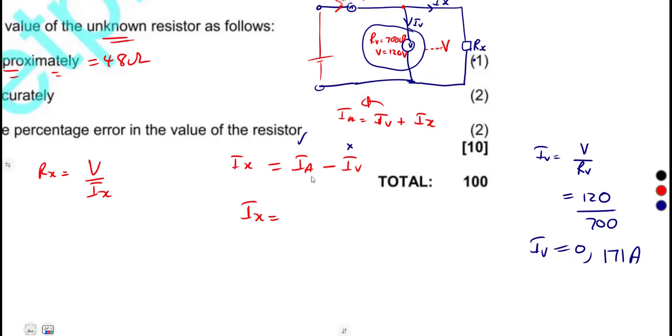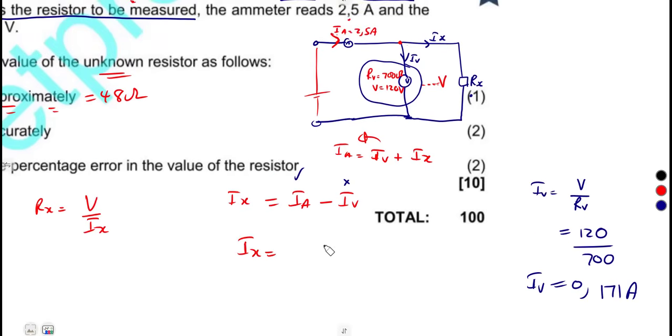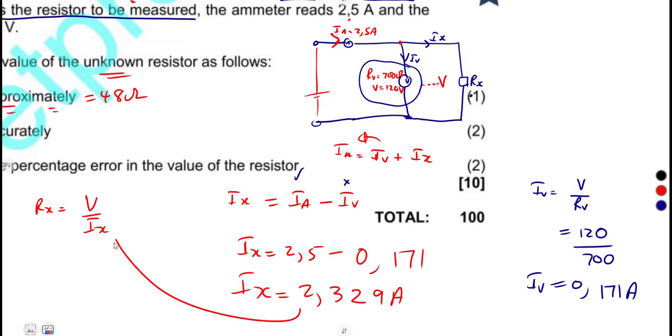So the current across the unknown resistor is going to be IA of the ammeter, 2.5, minus the 0.171 that we calculated. So IX, the unknown current across that resistor, is 2.329 amperes. Then we find the resistance of the unknown resistor accurately.